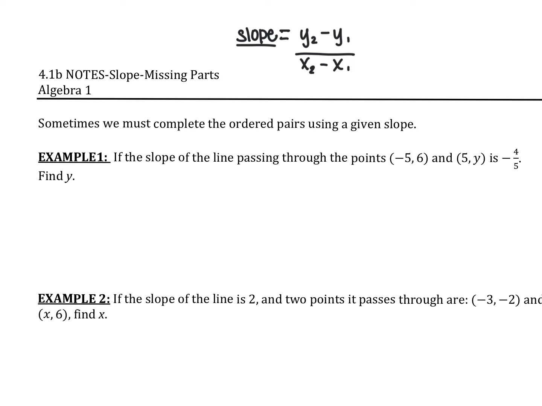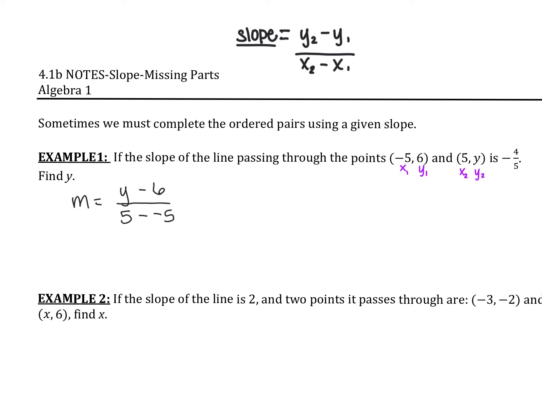Let's see, let's call this first one x1. That means 6 would be y1. And let's call this second point 5. Let's call it x2, which means this y is actually y2. So when I go to fill out the slope formula, we would say that slope equals y2, which is y, minus y1, which is 6, over x2 minus x1.